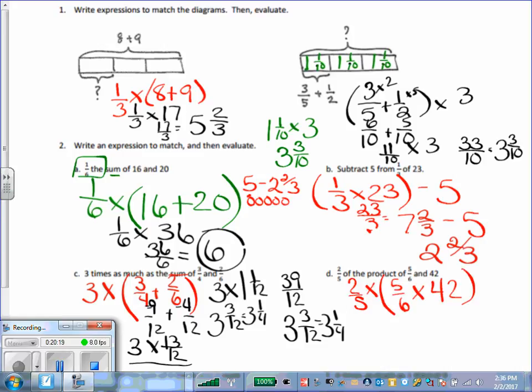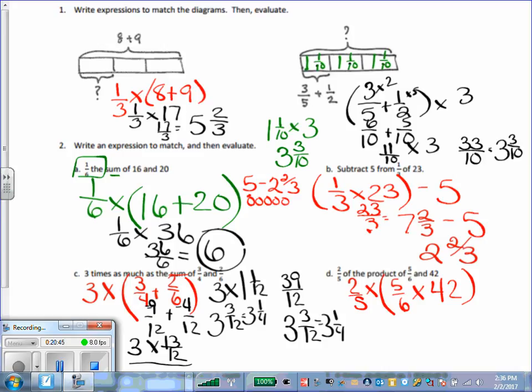So 2 fifths. Now does it make sense when you see it? 2/5 of the product of 5, 6, and 42. Now, work it.